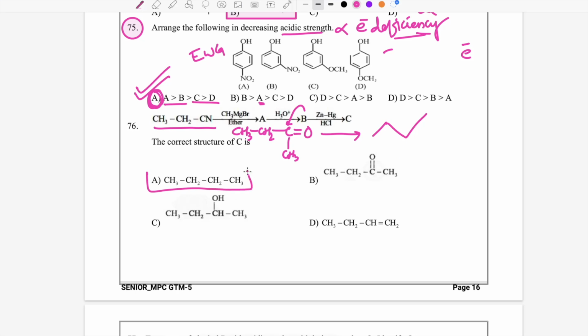So normal butane is here. So the answer for the 76th question is option A, right.